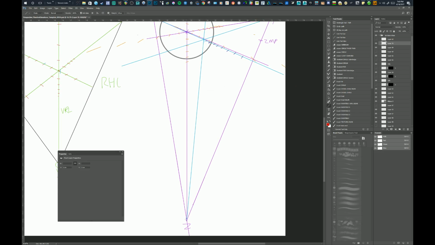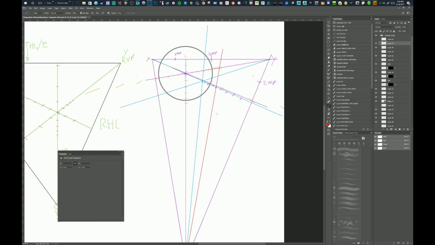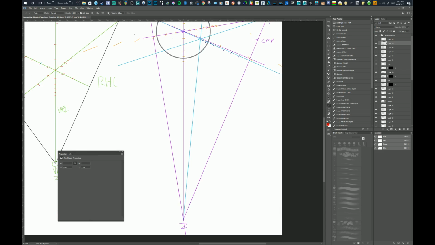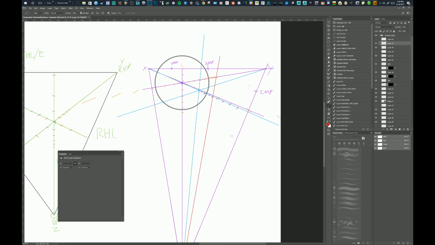So now we're going to go from Z up to the last unit on Y on the reference line. Now here's where I hope that you guys are starting to understand what's happening. This is the first time that you guys are seeing these things connect.